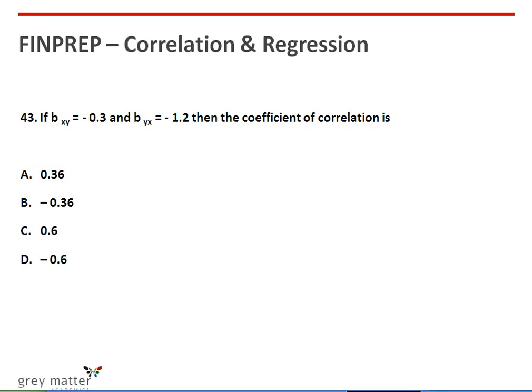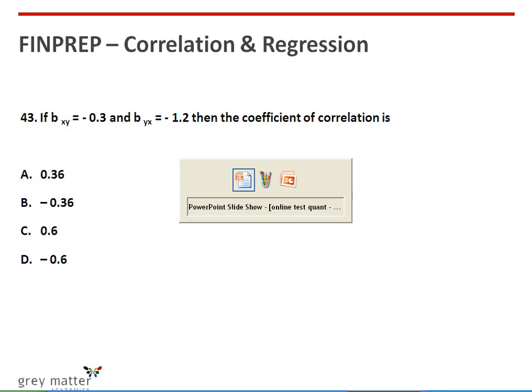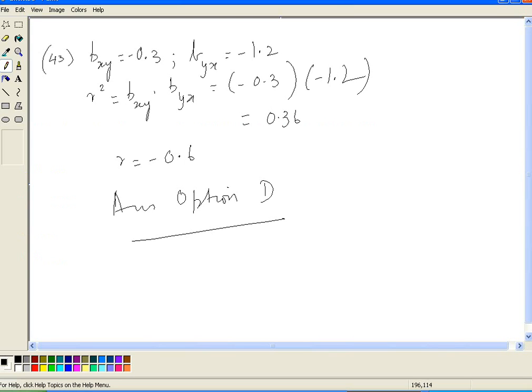43rd question, if bxy equal to minus 0.3 and byx is equal to minus 1.2, then the coefficient of correlation needs to be evaluated. R squared is given by the standard formula bxy into byx, which is equal to minus 0.3 into minus 1.2, which is 0.36.